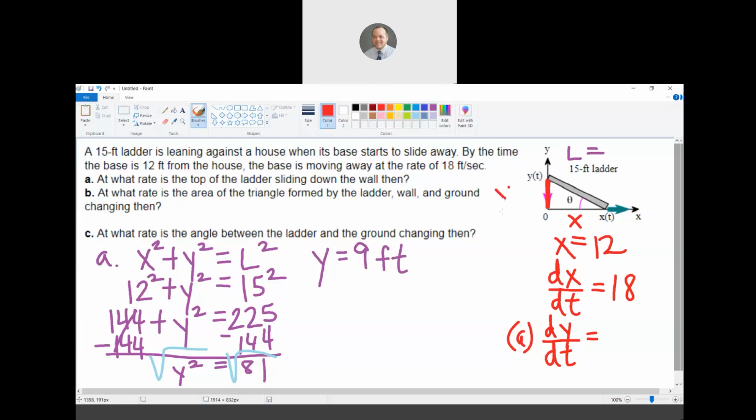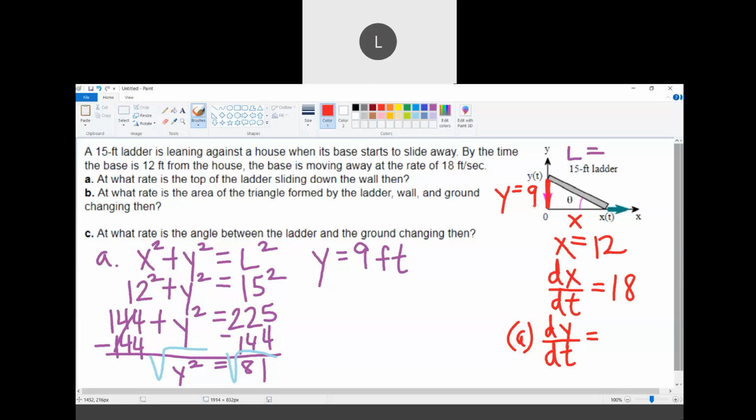So we can go ahead and label that on our right triangle too. Any questions on how we got the height of the wall? No, sir. Okay.